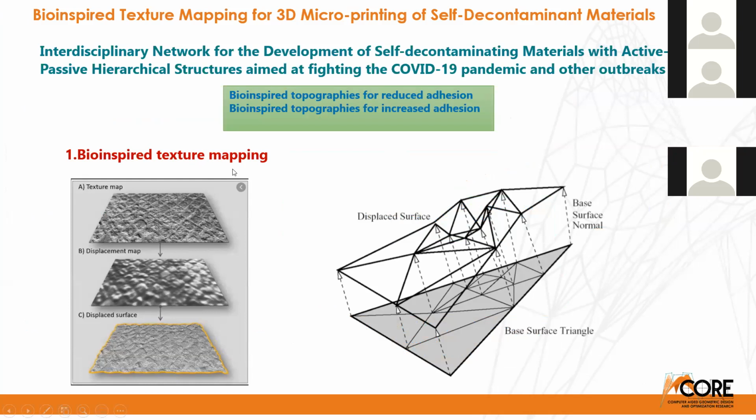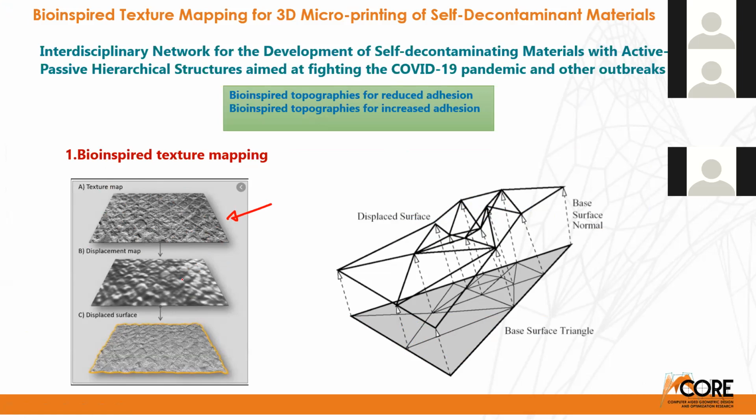So basically, we have this front, which is directly related to the texture mapping. We call it bioinspired texture mapping because we're going to get the image from biological structures already known to present the property that we want, the self-decontaminant property.